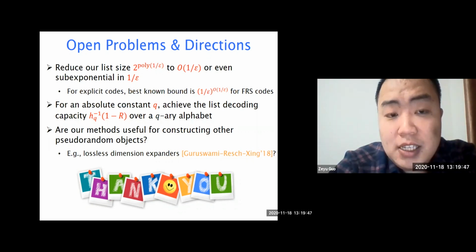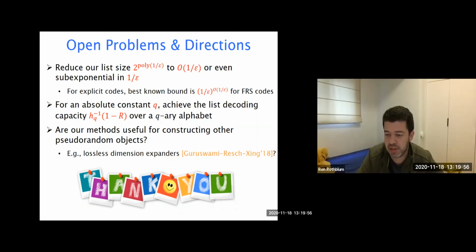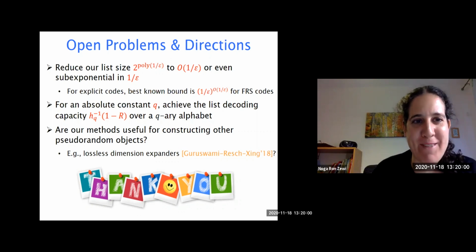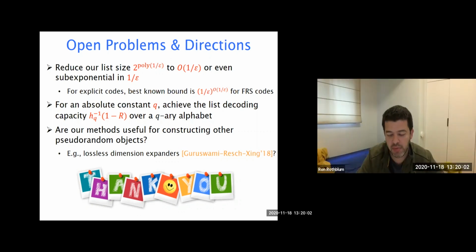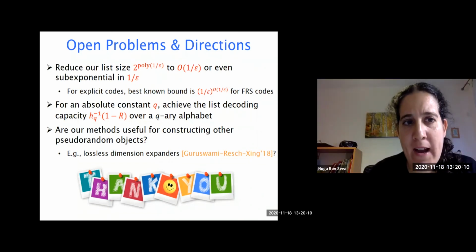The optimal list size guaranteed by the non-explicit code is just linear in 1 over epsilon, where epsilon is the gap to capacity. I was thinking of the 1 minus square root r that you had. That achieves a constant; if you back up to 1 minus c times square root r, where c is some constant. I see.